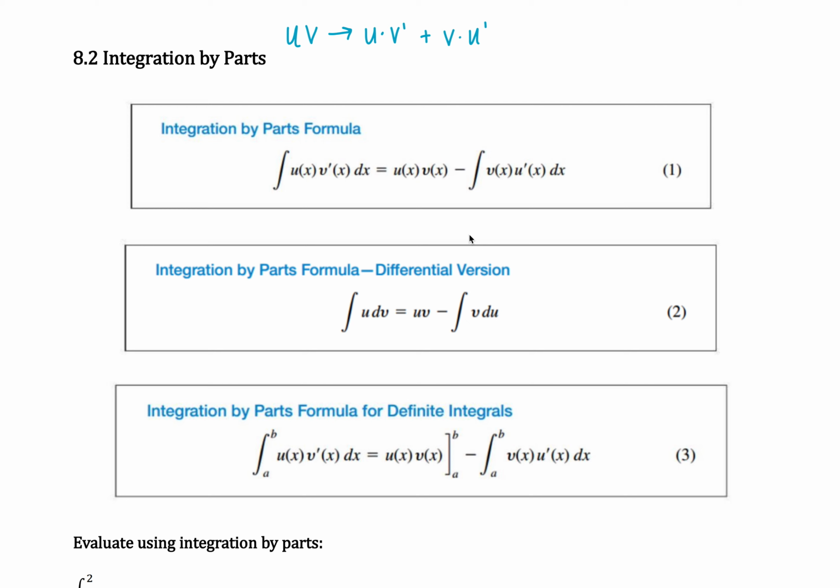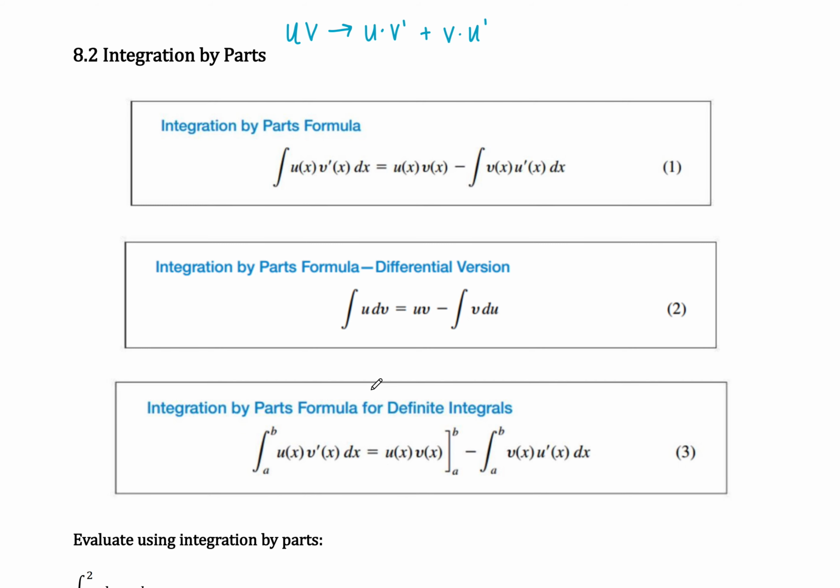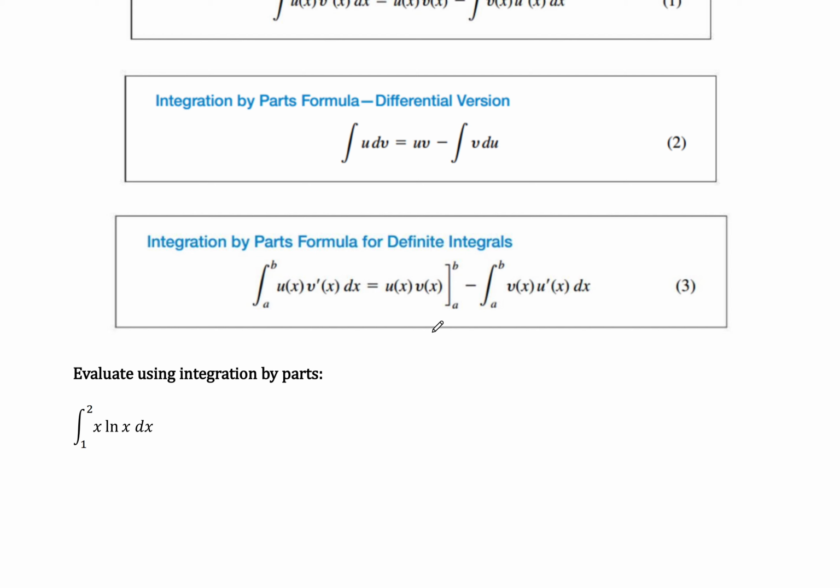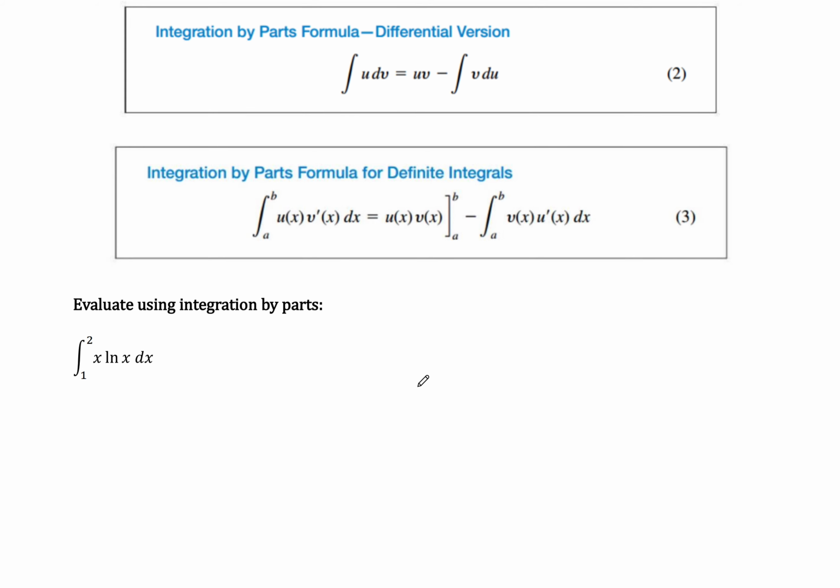At the very bottom, I've got it for definite integrals, evaluating from a to b. And actually, the first example I'm going to work through has definite integrals, so I'll show you exactly how this works.